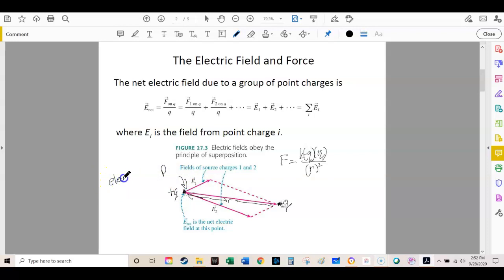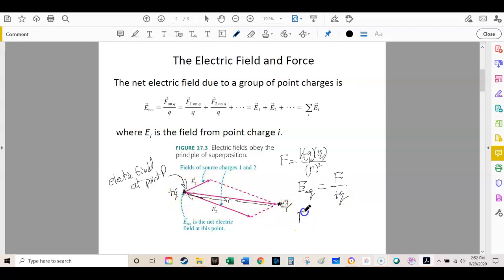So if you wanted to find the electric field at point P due to this negative Q, and you knew the force generated between those two things, you would simply take whatever force you had and divide out the positive Q that is sitting on top of point P.